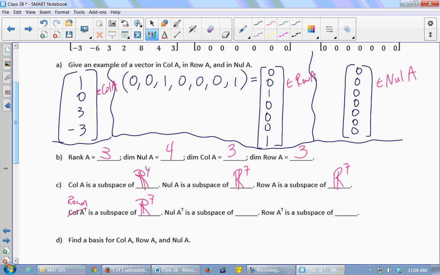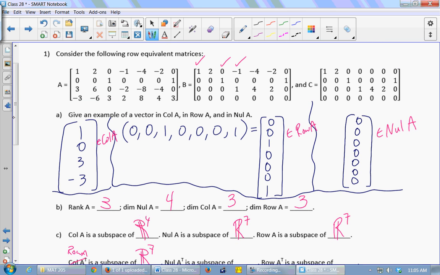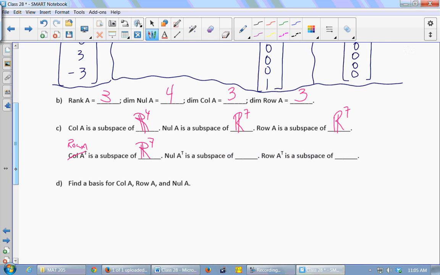The null space of A transpose, R4. How do you know that? Because columns become rows and rows become columns. So A transpose would be a 7 by 4 matrix. And you can only multiply a 7 by 4 matrix by a 4 by 1 vector. So elements of the null space are in the domain of the transformation, which is R4, once you take the transpose.